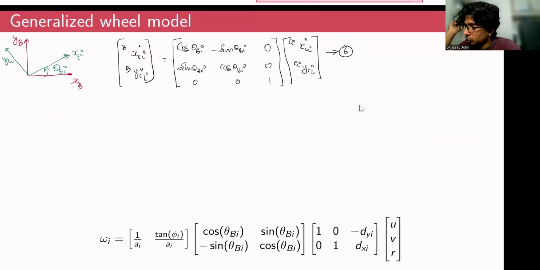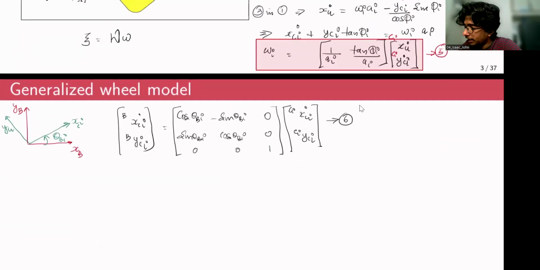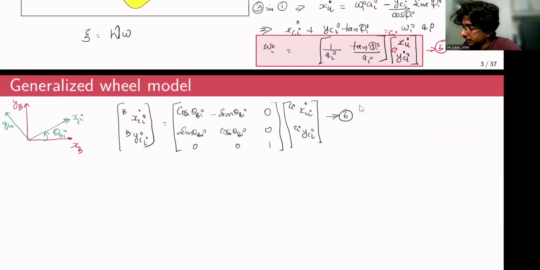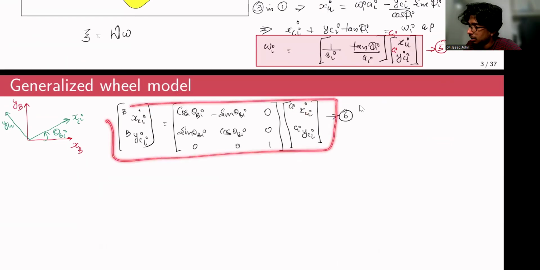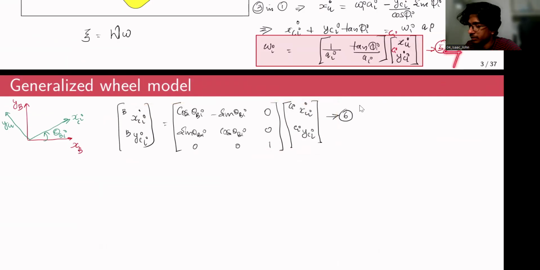Right? So now that we can find a transformation of xci dot and yci dot from the ci frame with respect to the bi frame, you can substitute this entire relation into the previous equation 5. Or rather, here in this equation, it is referred with respect to xci dot.